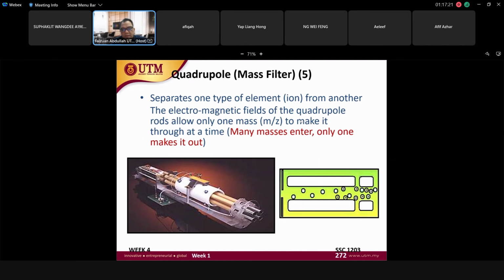According to what does the quadrupole manage all these elements? Based on one mass, m over z, the mass to charge ratio, to make it through at a time. Many masses enter, only one makes it out.